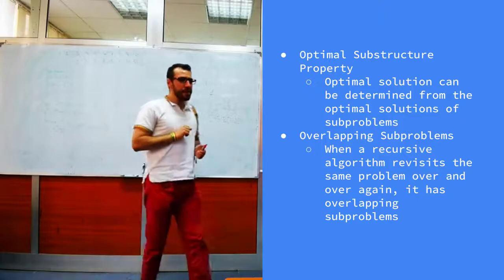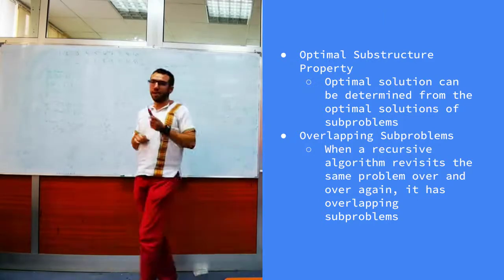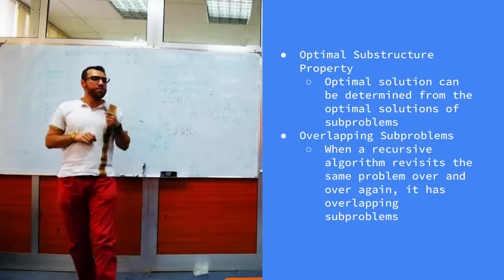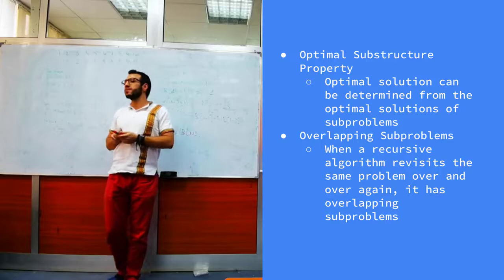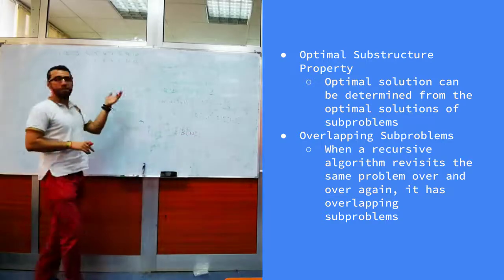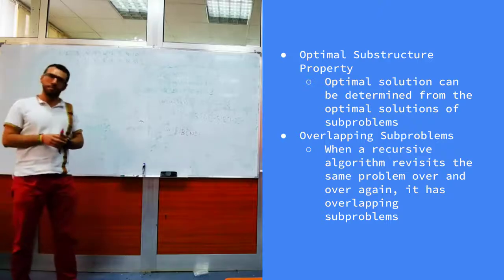And the second criterion is overlapping subproblems. When a recursive algorithm revisits the same problem over and over again, it has overlapping subproblems. If we look at Fibonacci, for example, it's very obvious that there are overlapping subproblems, right?